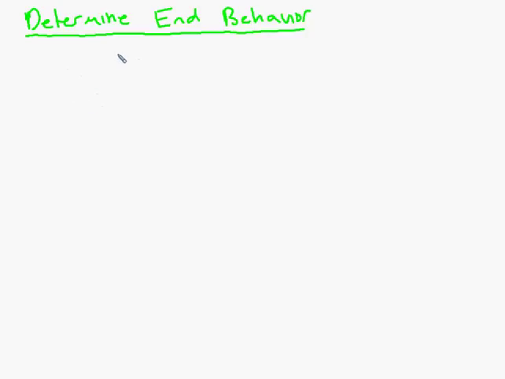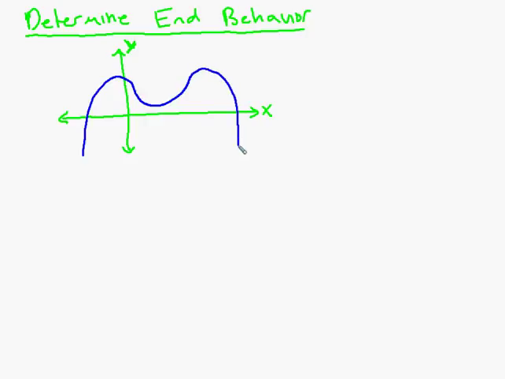Let's say I graph something. So this is just going to be a rough sketch. And on this rough sketch, I'm going to identify everything that we are going to be doing for this chapter, and then we'll talk about the end behavior. So let's say I get a graph, and it comes out something like this.